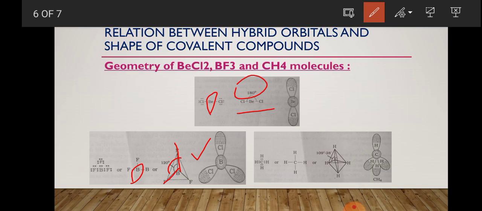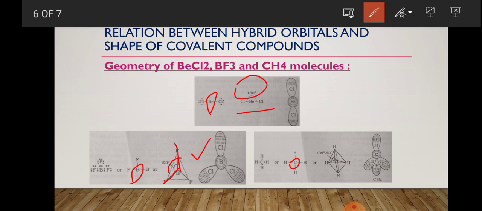Another example is methane. In methane, the valence shell of the central atom, that is carbon, contains four hybrid orbitals, then the molecular shape becomes tetrahedral.